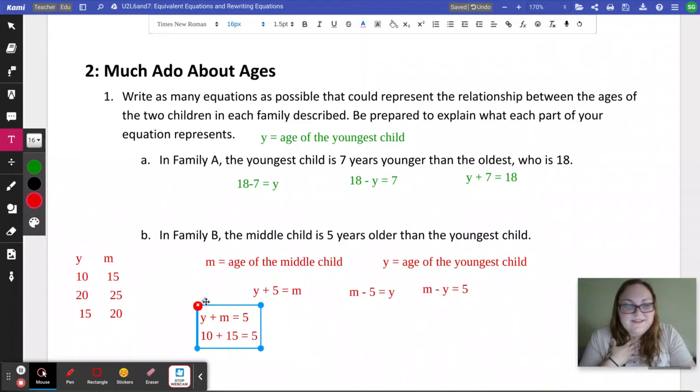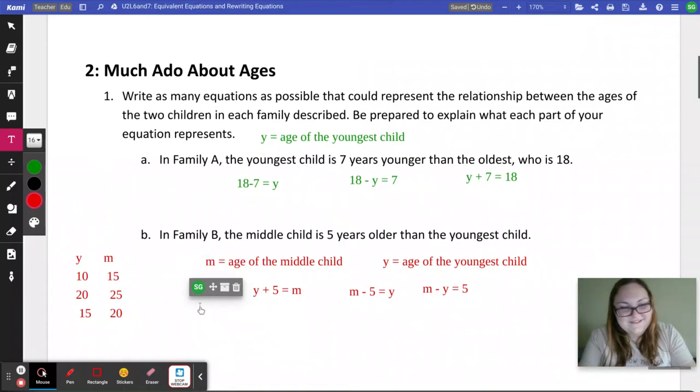That's a sign to me that this equation doesn't correctly represent the situation. I'm sure there is a family where their younger child plus the middle child equals 5. Maybe the younger child's 2, the middle child's 3, and so their ages together equal 5, but not this family. So that equation doesn't represent our situation here.